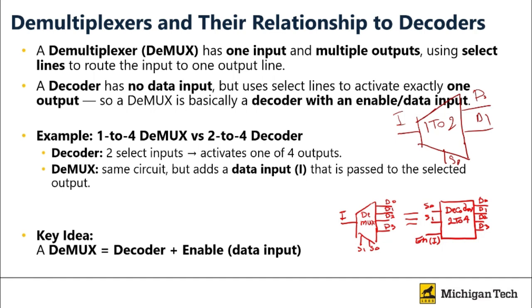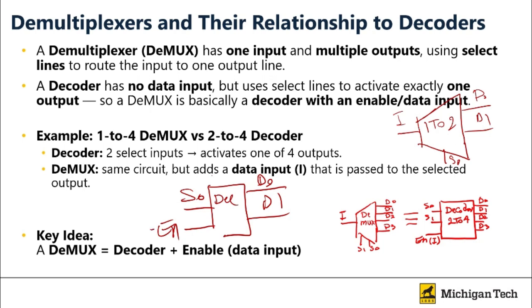What is the type of decoder you need to use to make a 1 to 2 demultiplexer? So the S is important because I is always enable. So the decoder needs to be 1 to 2. A 1 to 2 decoder. So the decoder in this case has one input, that is S, and two outputs, D0 and D1, and one enable. We always need enable, and that enable is I.